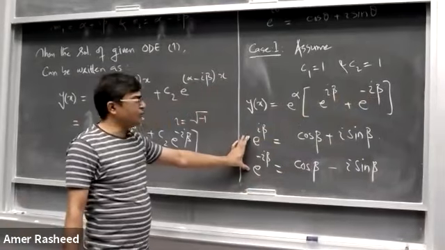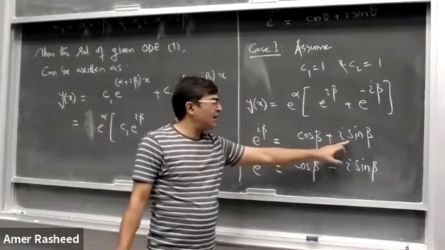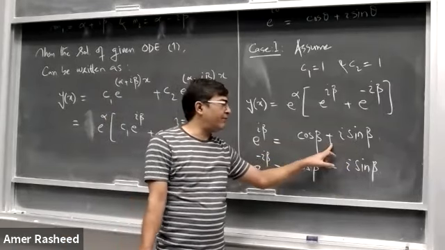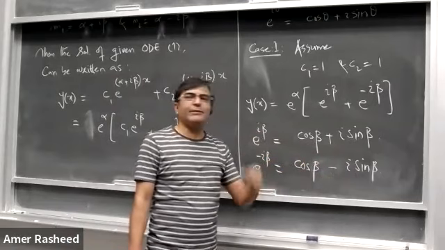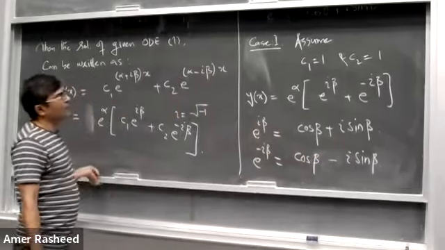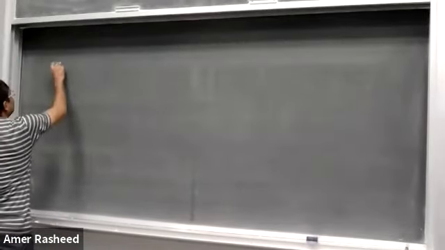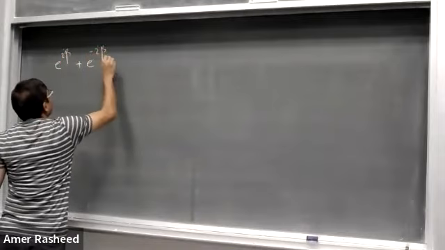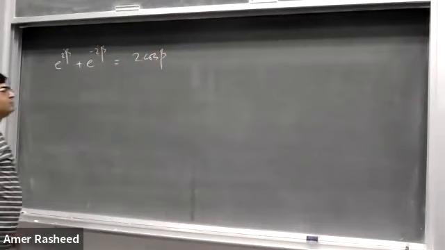Adding these two, the sine terms cancel out with each other because here we have positive, here we have negative, and we obtain 2 cosine of beta. So e raised power iota beta plus e raised power negative iota beta becomes 2 cosine of beta.